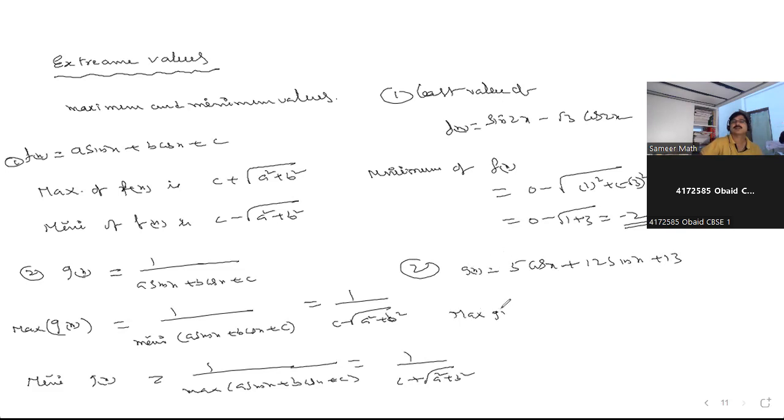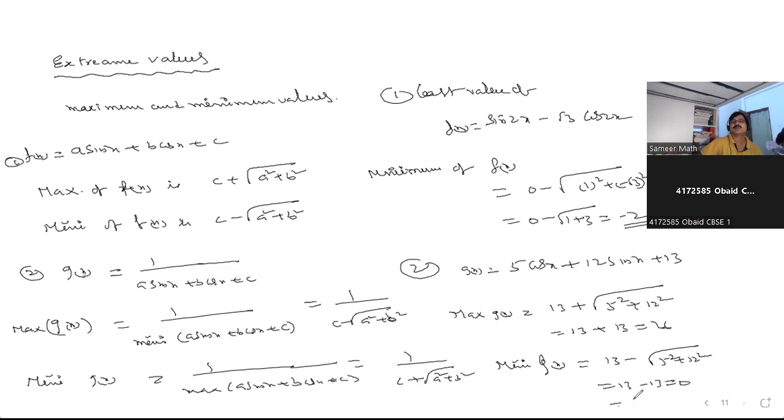Max of g of x means 13 plus under root of 5 square plus 12 square. So that is 13 plus 13, 26. Okay, min of g of x is 13 minus under root of 5 square plus 12 square. So just applying the formula, the minimum value is 0. We got it.